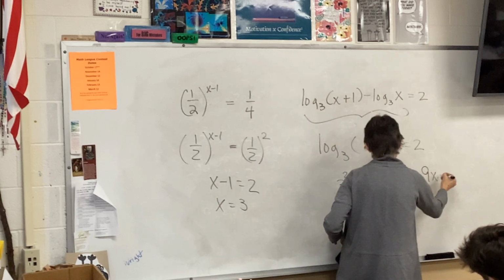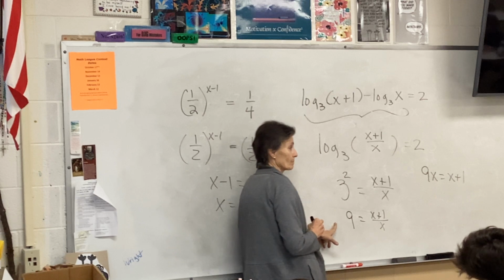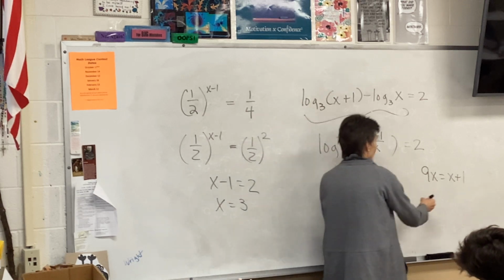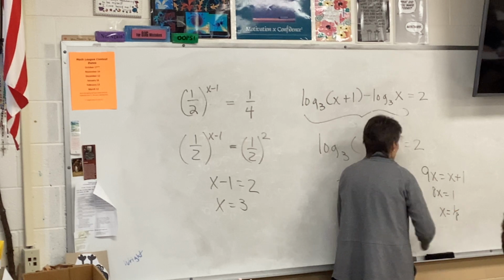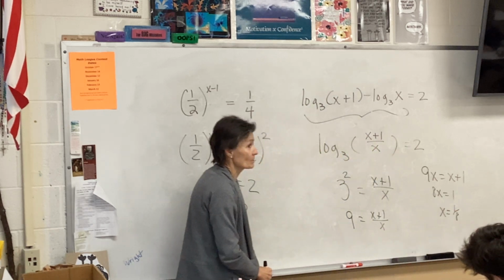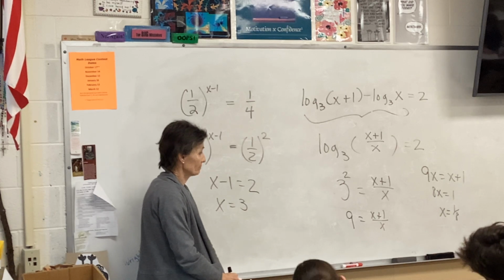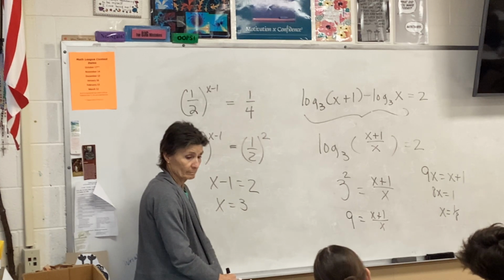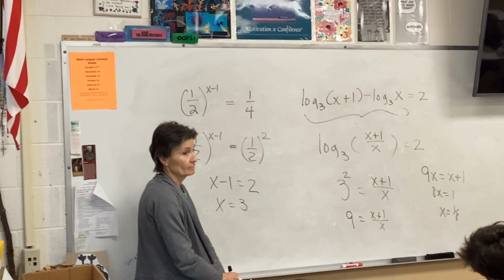So 9x equals x plus 1. Subtract the x and divide. So it looks like x equals 1/8. That one was tricky, sorry, we're catching up.